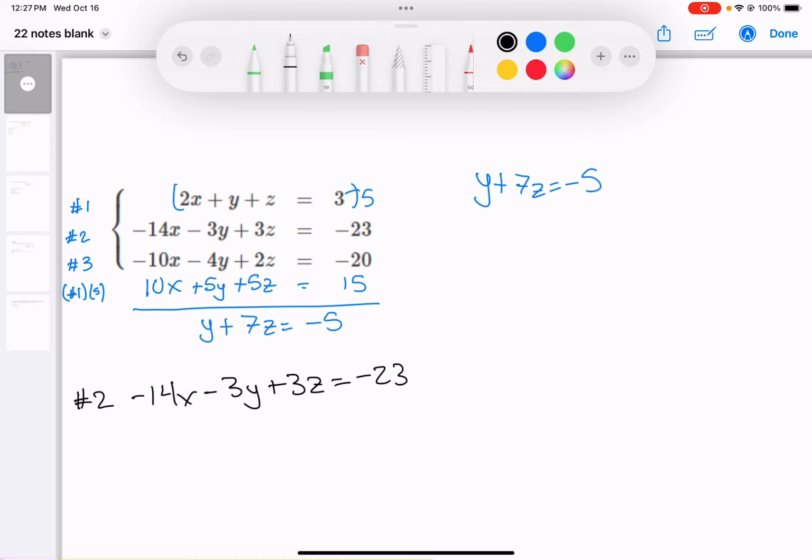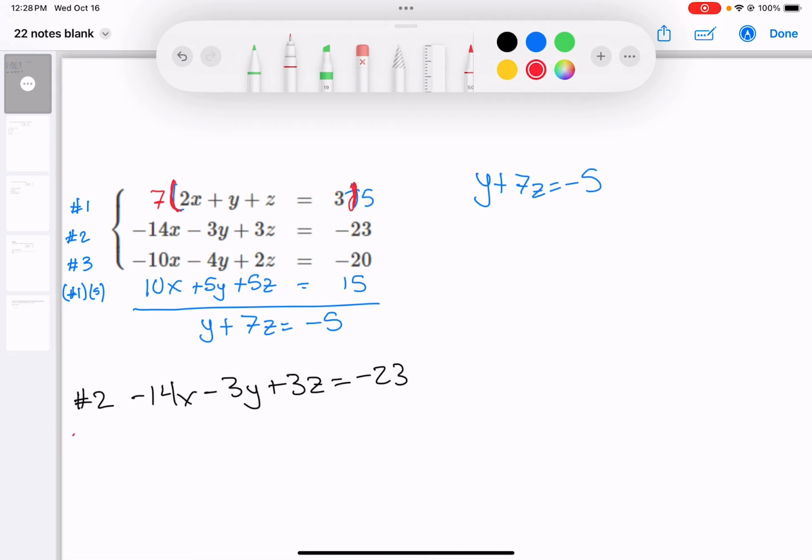And I need to take either 1 or 3, change it, so that I can get rid of the x values again. It's going to be easier for me to change equation 1. So to get the opposite of negative 14x, I need to times this by 7.